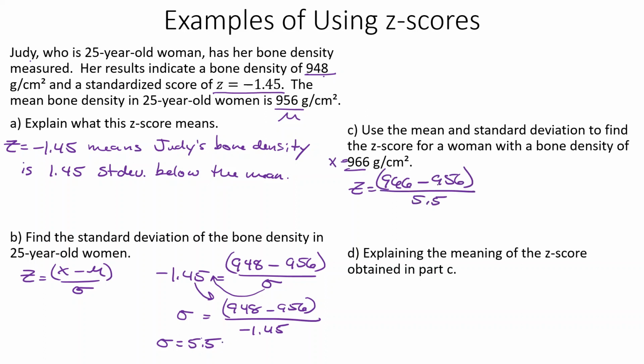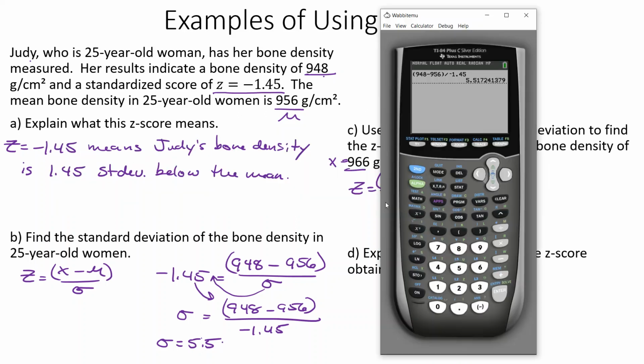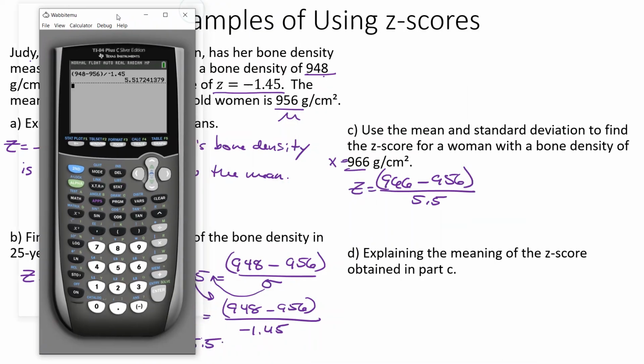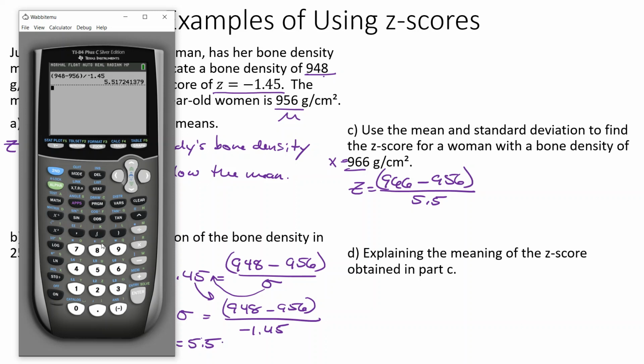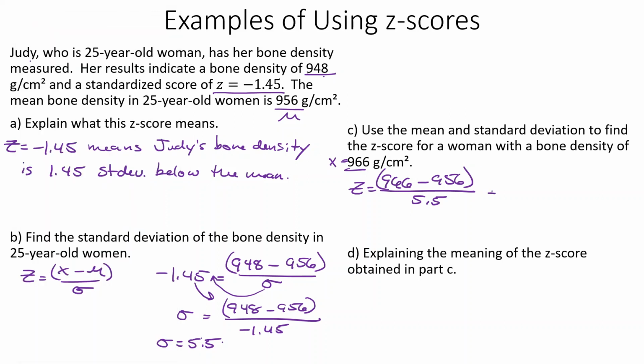That does not look like a nice number, so let's just throw it in the calculator. Parentheses, 966 minus 956, close parentheses, divided by 5.5. And we're getting about 1.8. All right, so there's the z-score for that.